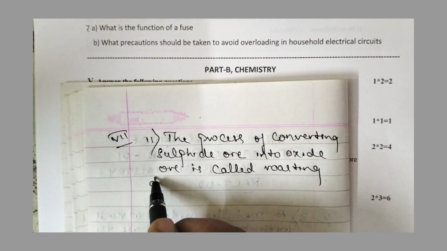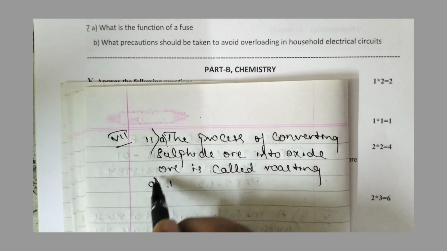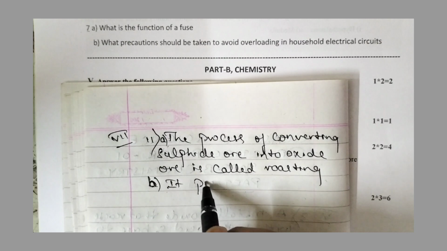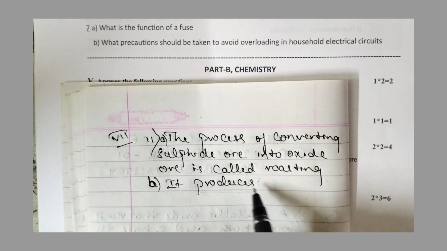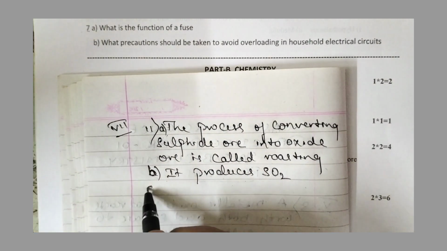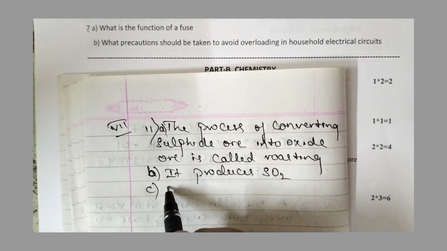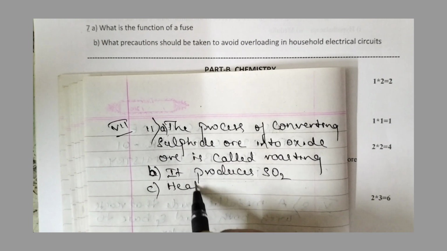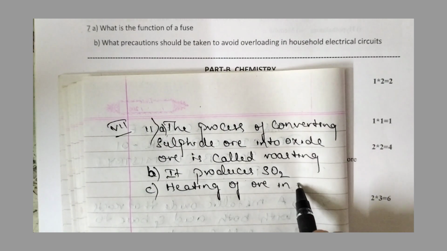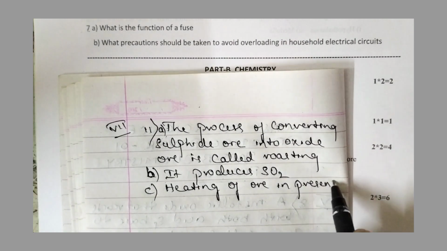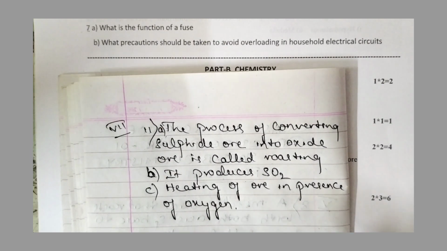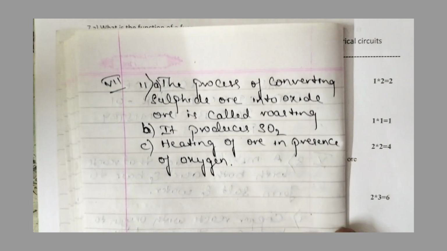That is one. Then the second one is, it produces sulfur dioxide. And the third is, in roasting, heating of ore in the presence of oxygen. So these are the 3 points that you have to write regarding roasting.